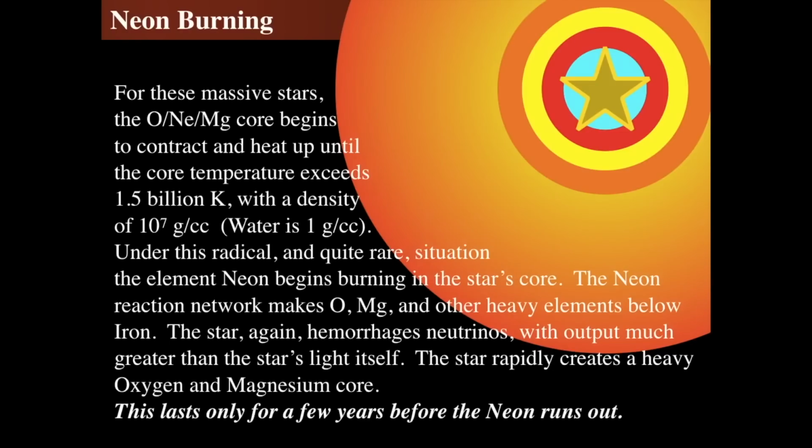Now we're below the element iron. Remember the carbon, nitrogen, oxygen cycle created neutrinos, as well as all of the carbon burning that created the oxygen, neon, magnesium. That created enormous numbers of neutrinos, and now most of the luminosity of the star becomes neutrinos itself. The star rapidly creates this core, and neon burning can only last a couple of years before it runs out.